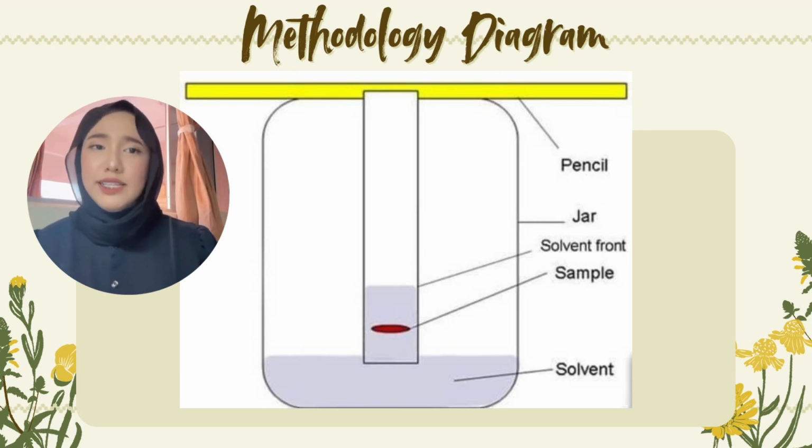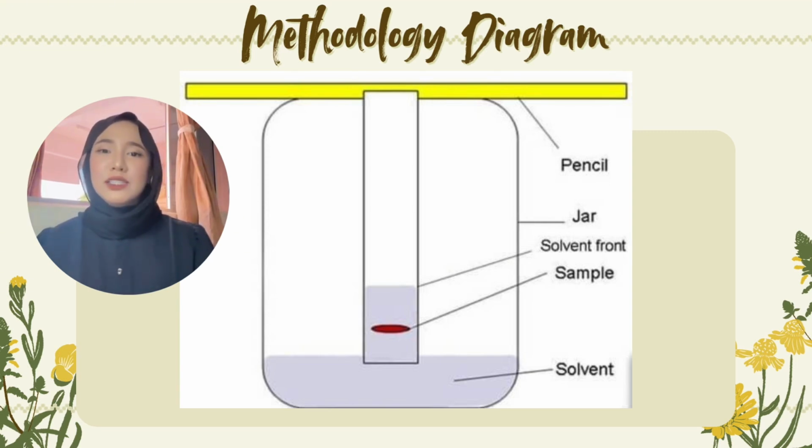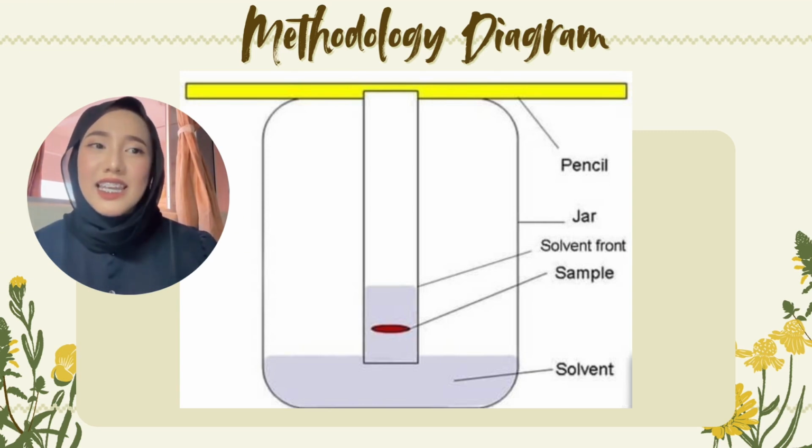As time passes, the solvent moves upward by capillary action. When the solvent reaches the top, that point is called the solvent front. As the solvent moves, it carries the different pigments in the sample. Each pigment moves at a different speed depending on how soluble it is in the solvent.